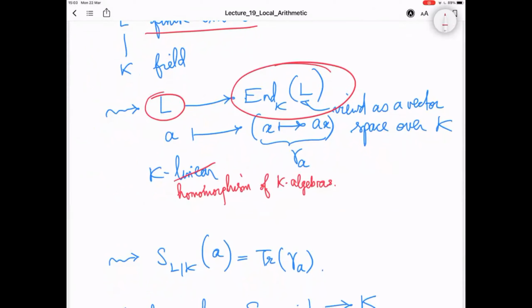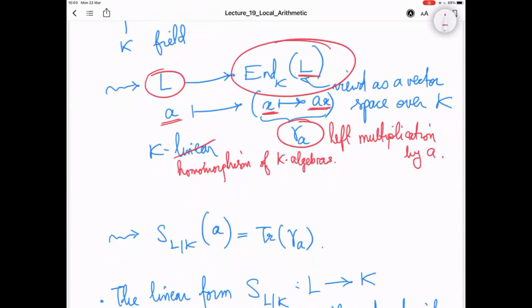So what is the mapping? It takes an element a of my field L to the endomorphism of the vector space L which takes a vector x to a times x. It's sometimes called left translation or left multiplication by a. So left multiplication by a is a map from L to L, and it's a K-linear map.